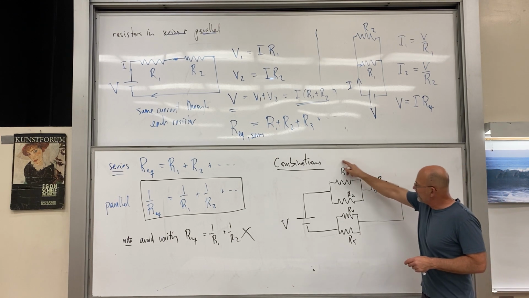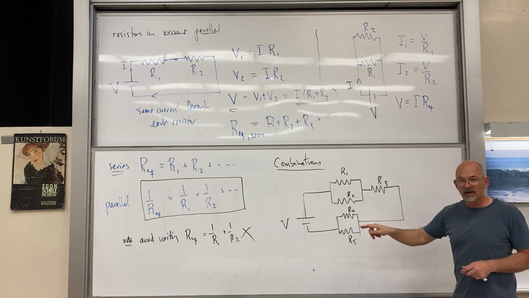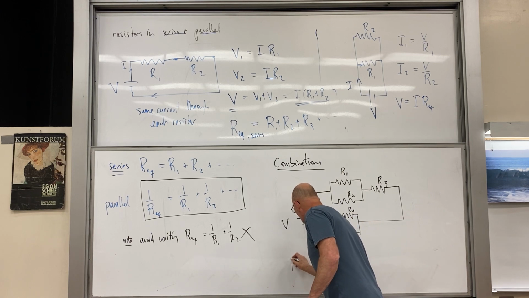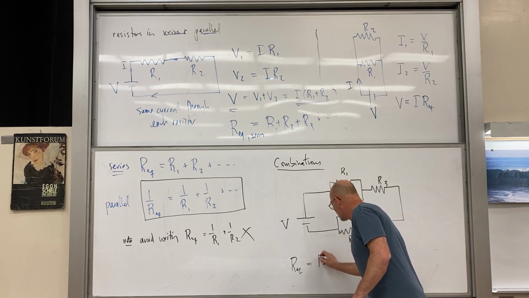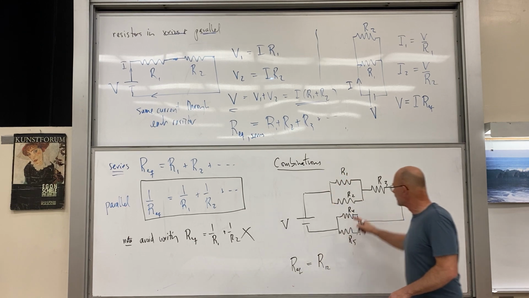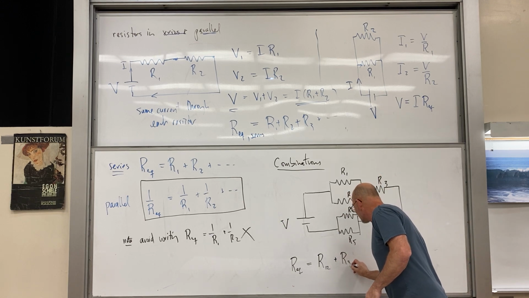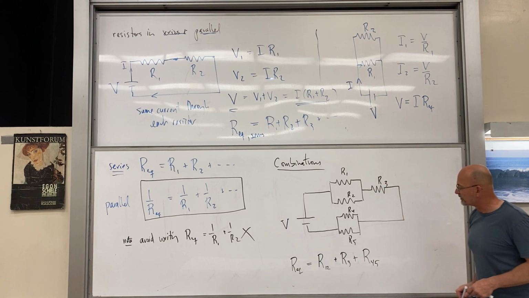You could say if we knew these equivalent resistances, we could just put them all in 3 in series. So we do it step by step. We can say R equivalent is equal to R sub 1,2, I don't know what it is yet, okay, plus R sub 3 plus R sub 4,5. That's my first step.